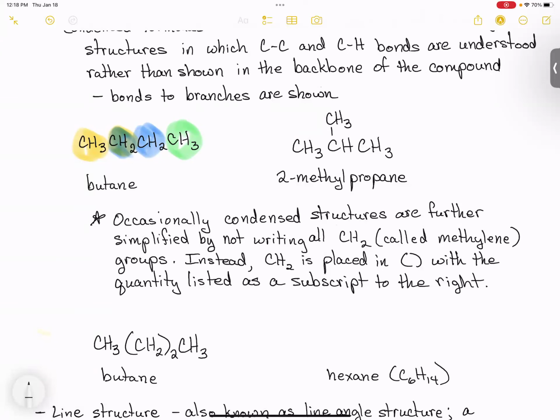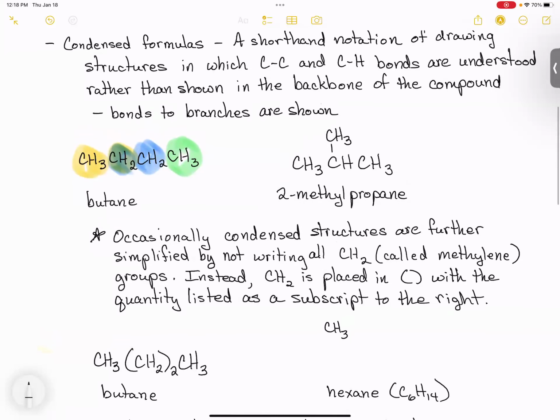Now, butane, it's not that much of a savings. But when you start getting into something like hexane, you can quickly see where the savings comes into play. The condensed formula for hexane is CH3, CH2, CH2, CH2, CH2, CH3.